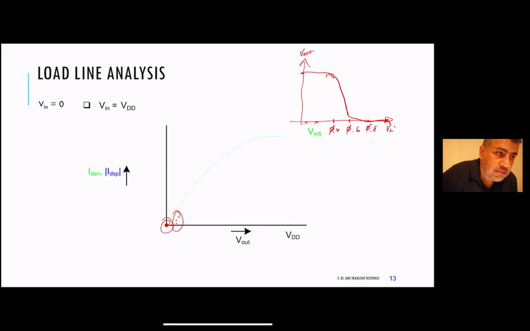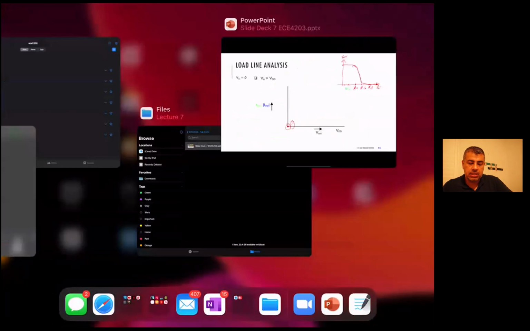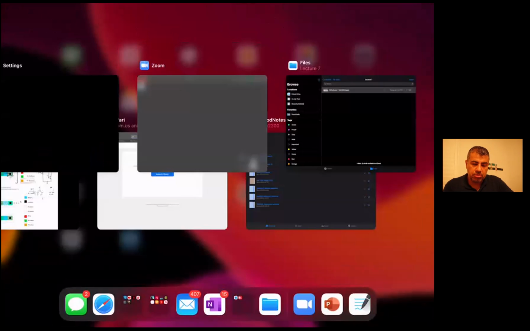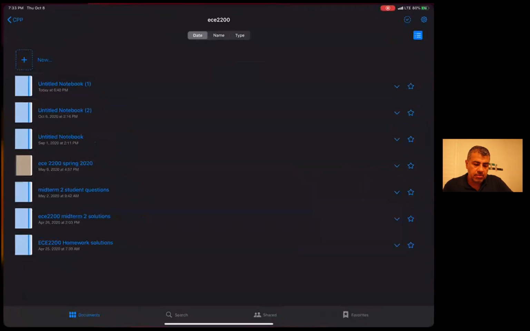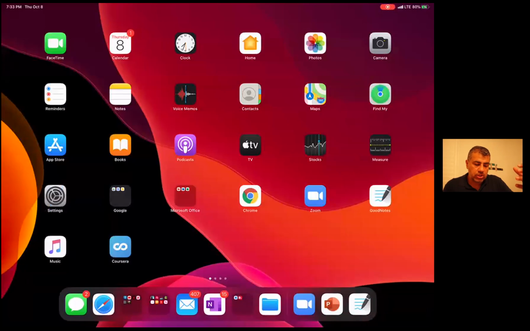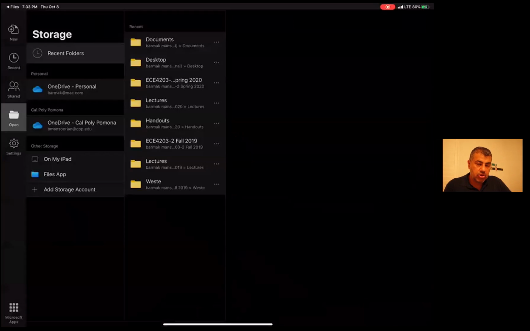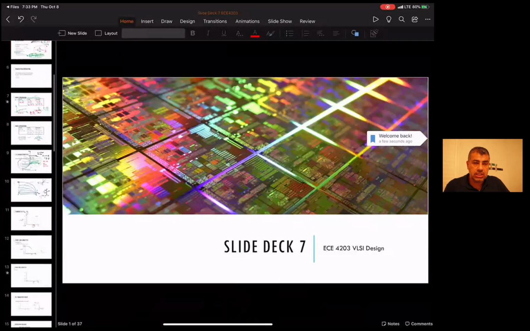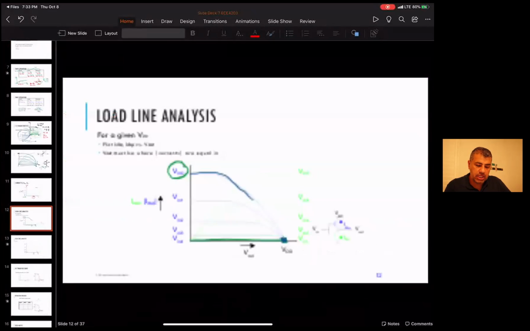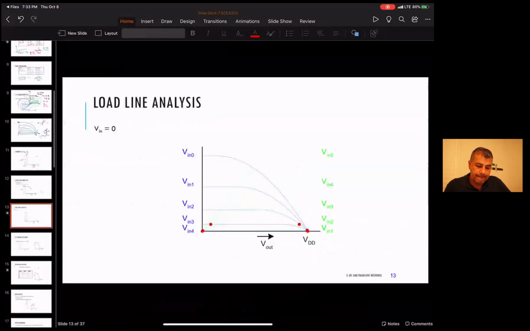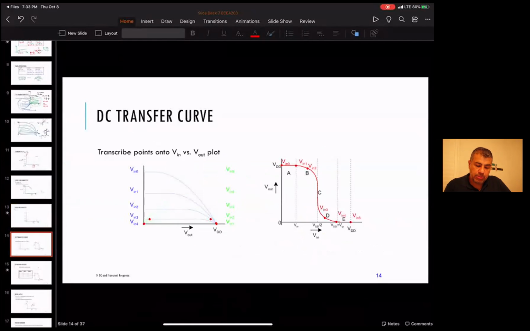Did you guys see how, as we step through, we end up with that transfer function? You just look at where the different curves meet, where the IDS curves, or the I out curves, meet. That's where your V out is for that particular Vn. So basically, if we transcribed all of them, we end up with a curve like this.